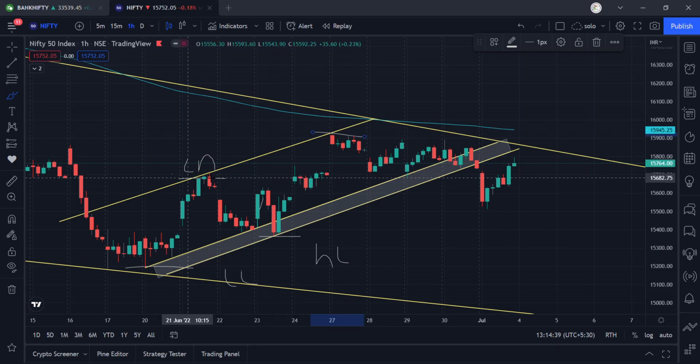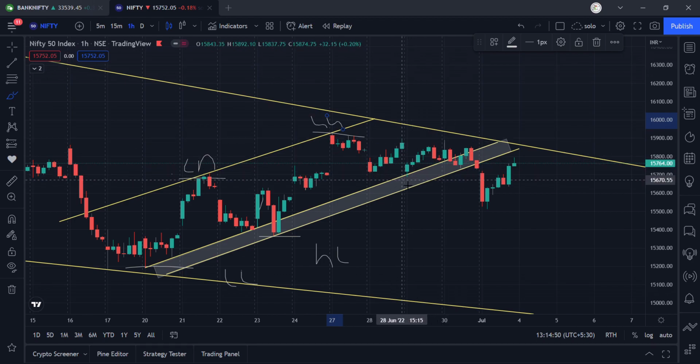This high is higher than this high, so this is a higher high. And here, higher low, and here it forms a change in trend line from higher high.